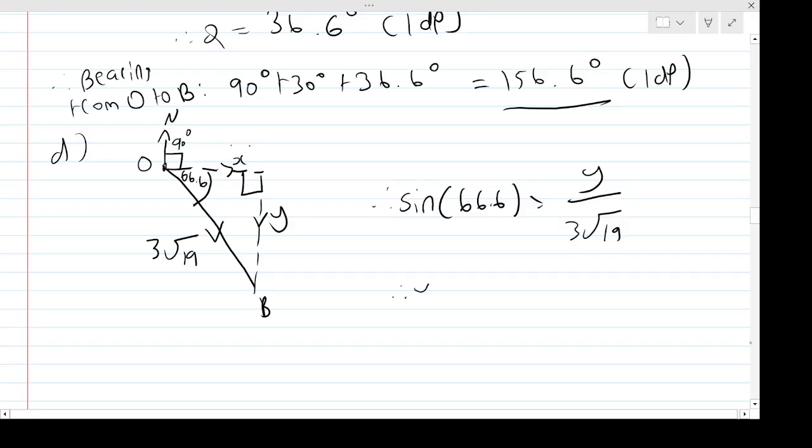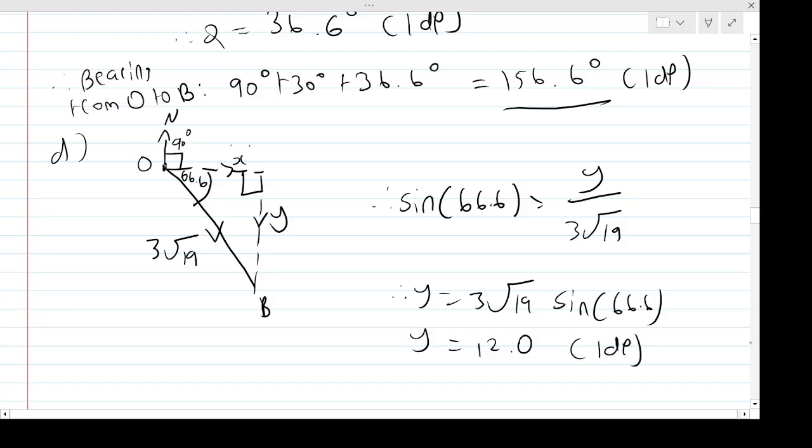So therefore y is going to be 3 root 19 lots of sine 66.6. So if I do that, then I get 12.001. So I've rounded that to 12.0, 1 decimal place.